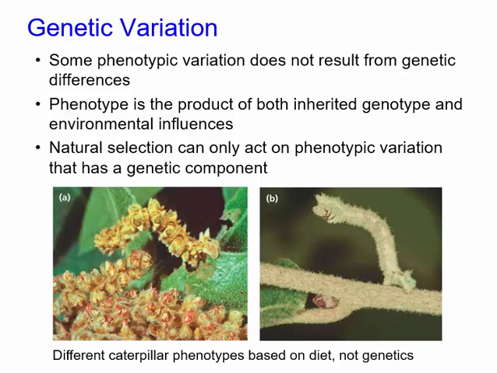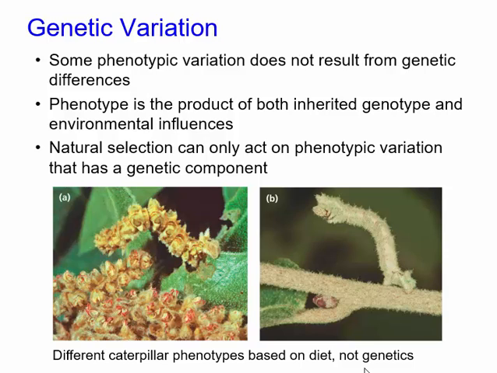Say these different caterpillars here, let's say the birds can see these ones on the left more readily than these ones on the right that look a little more camouflaged. You might think, well, that's going to change the frequency of whether you see one phenotype or the other. The issue with this example is these phenotypic differences are based on diet, not genetics.